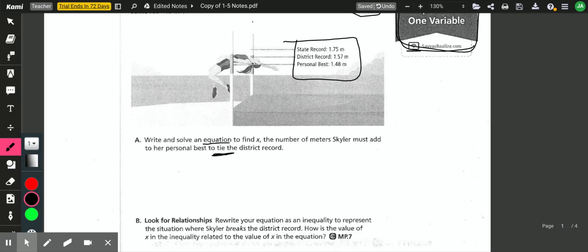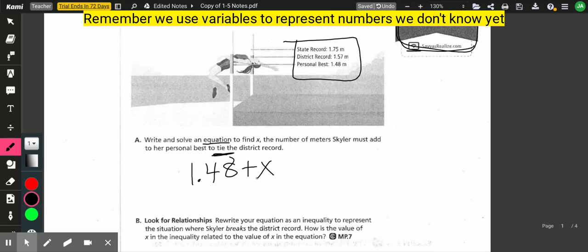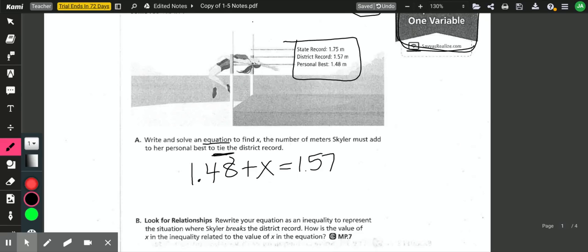So we're trying to figure out how much higher does she have to jump. So she can currently jump 1.48 meters. She needs to add a certain amount of height to equal or tie that district record of 1.57.